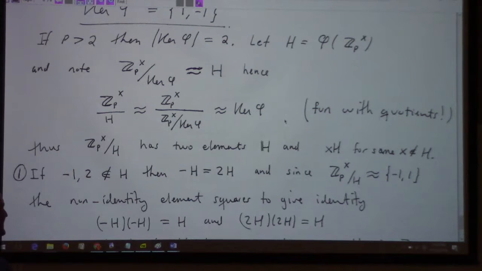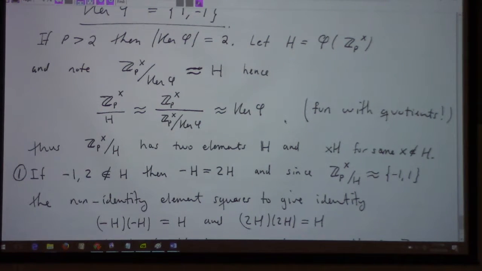So check out this sneaky step. So Z_p* mod h is isomorphic to Z_p* mod Z_p* mod kernel, but these cancel, right, and the reciprocal flips upstairs, basically the unreasonable success of the quotient notation. So this is in fact isomorphic to the kernel.